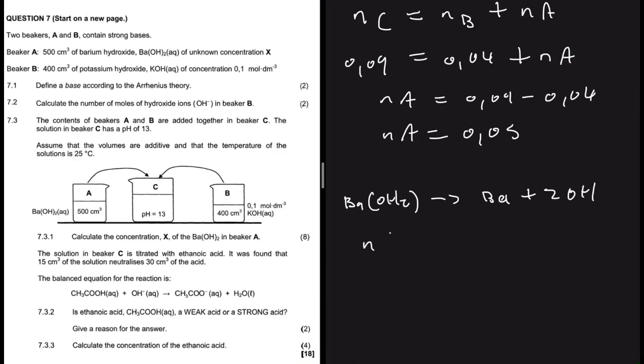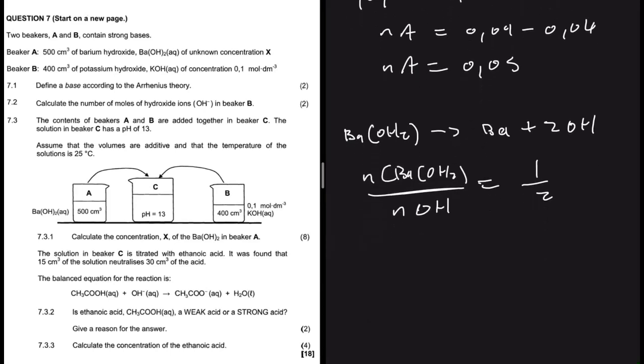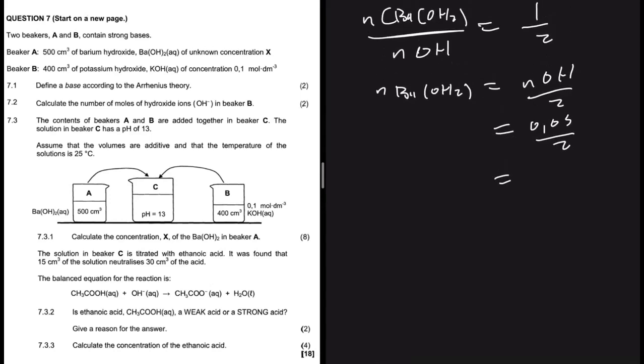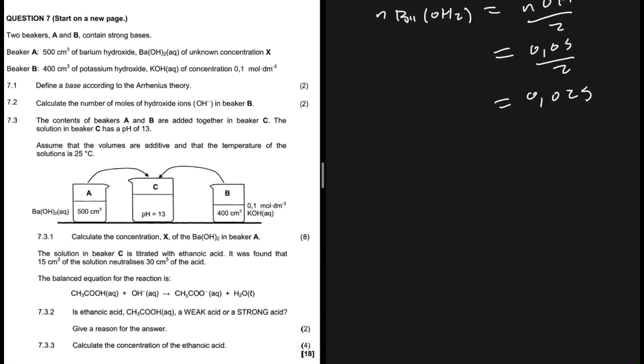So the number of moles of Ba(OH)2 divided by the number of moles of OH⁻ equals 1 divided by 2, right? So the number of moles of Ba(OH)2 equals the number of moles of OH⁻ divided by 2. That is equal to 0.05 divided by 2. If I put that in my calculator, I get 0.025. So now we have the number of moles of Ba(OH)2.